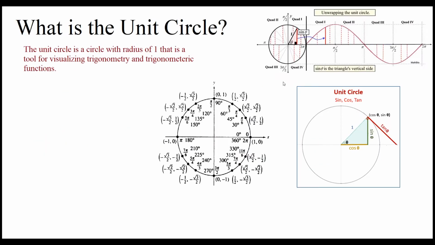First of all, the unit circle. The unit circle is a circle with a radius of 1. That is a tool for visualizing trigonometry and trigonometric functions. So, this will make a lot more sense once we get into trigonometric functions.